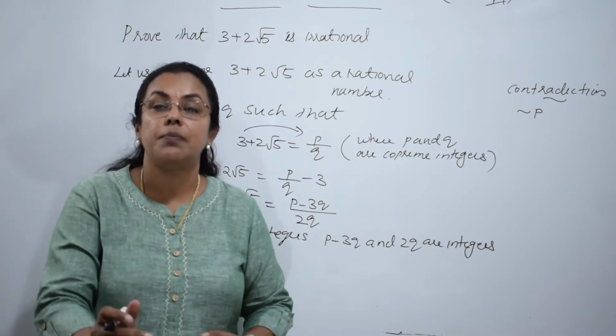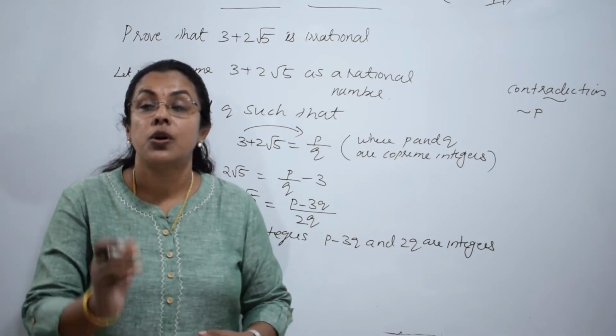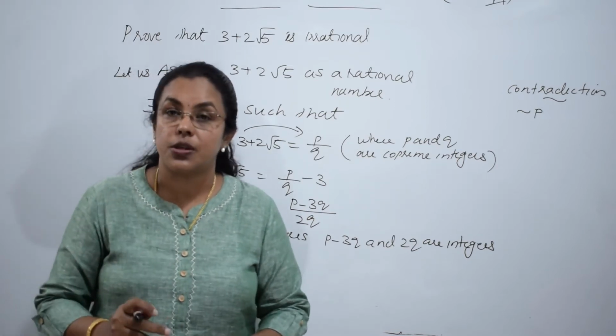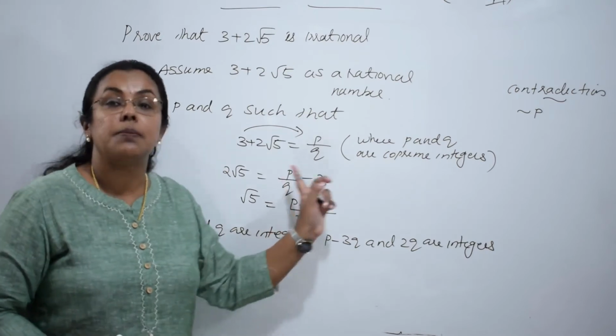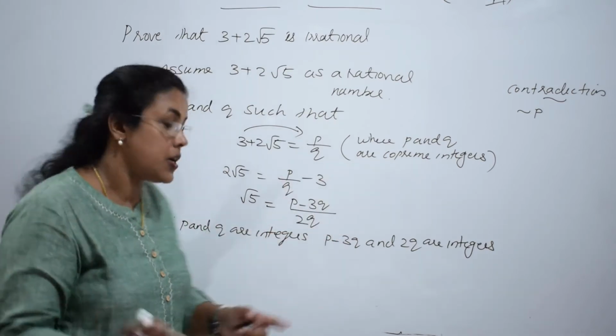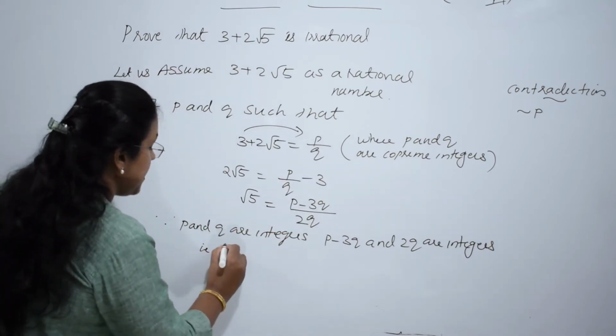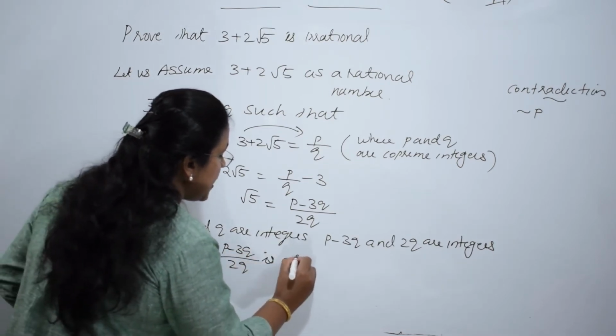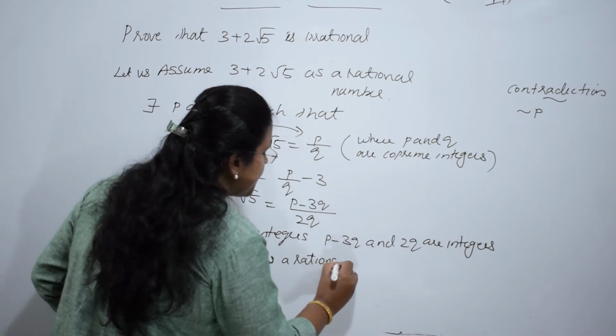Any number which can be written in the form p by q, where p and q are integers and q not equal to 0, is a rational number. Integer by integer means the left hand side is a rational number. That means p minus 3q upon 2q is a rational number.